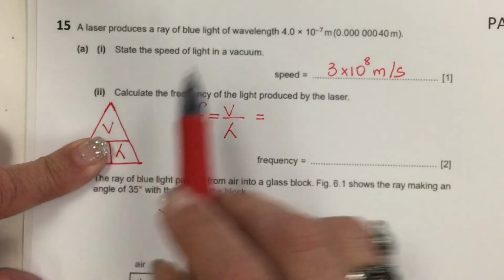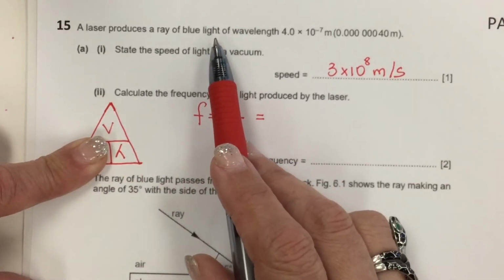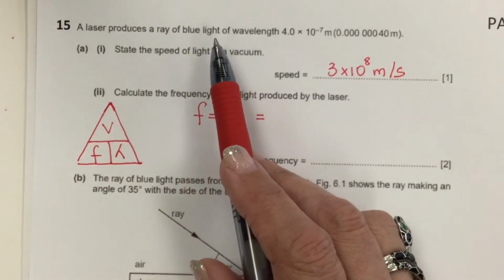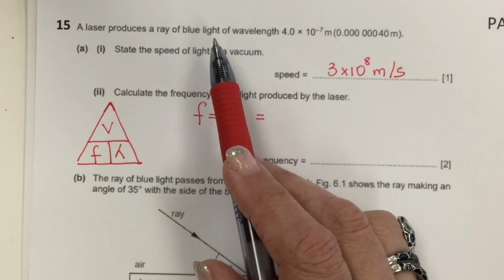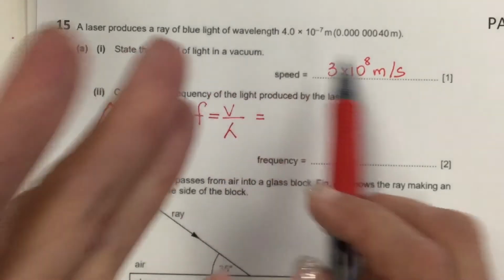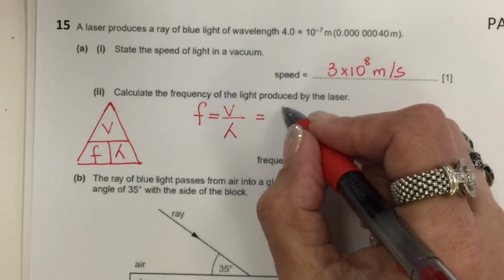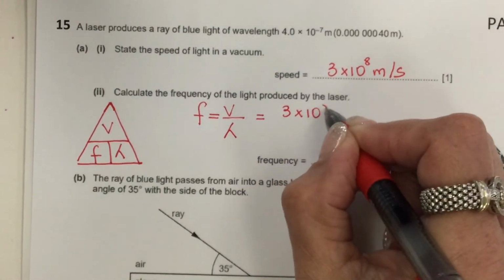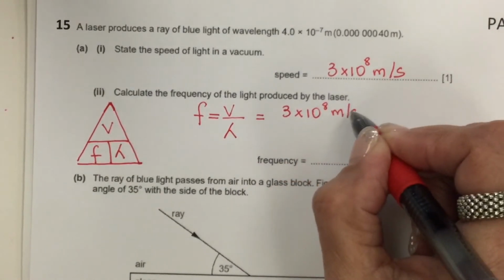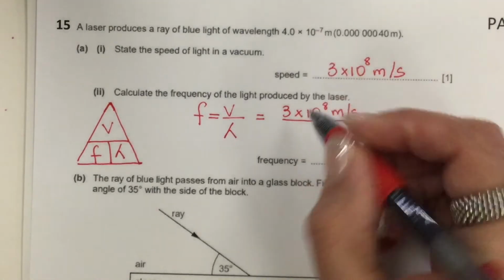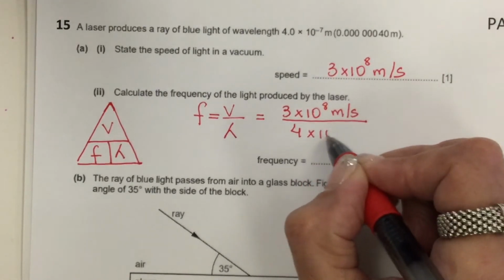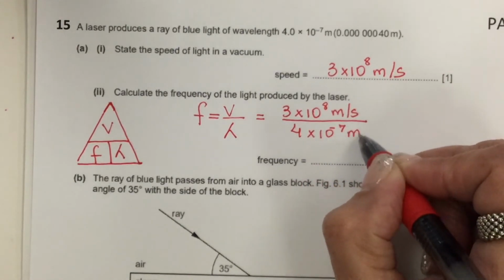Now, because this is a light wave, and light is part of the electromagnetic wave, it travels with the speed of light, so 3 times 10 to the 8 meters per second. And the wavelength is 4 times 10 to the minus 7 meter.